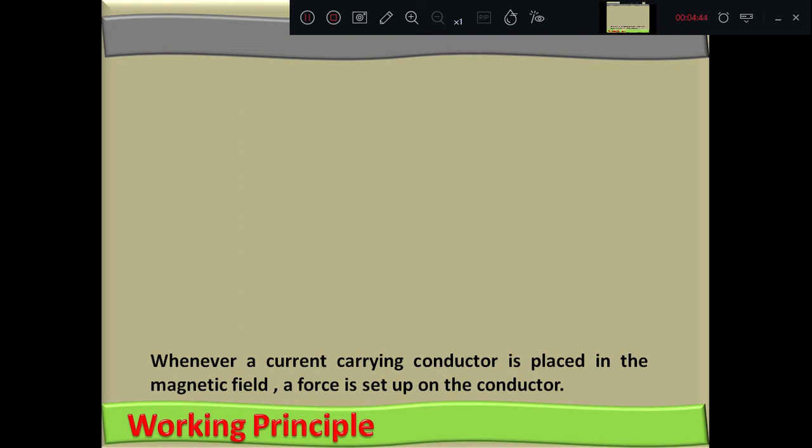Because of that force, the conductor starts rotating. Whatever electrical current you are giving to the armature conductor, because of the voltage V, you are inputting electrical energy to the machine. Then when the force is exerted on a conductor, the conductor starts rotating, that is nothing but the conversion of the electrical energy into mechanical energy.